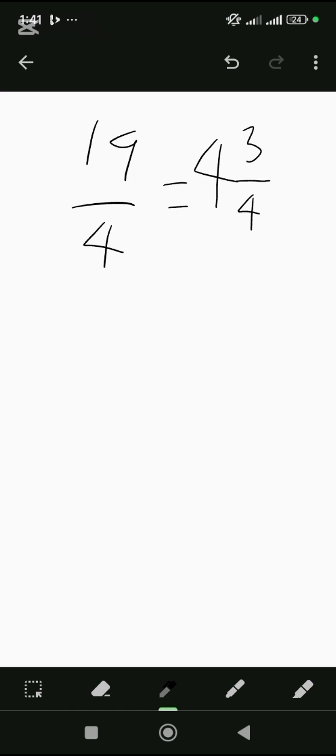And we can also be able to change proper fractions to decimals. 1/2 is a proper fraction, and we can change it to decimal by dividing it.